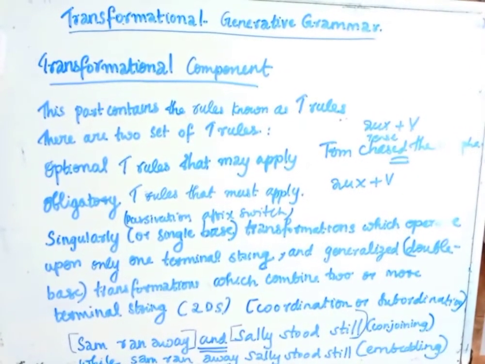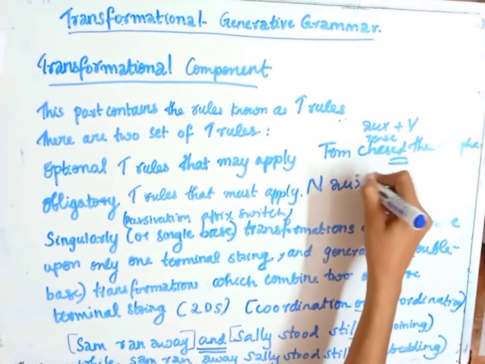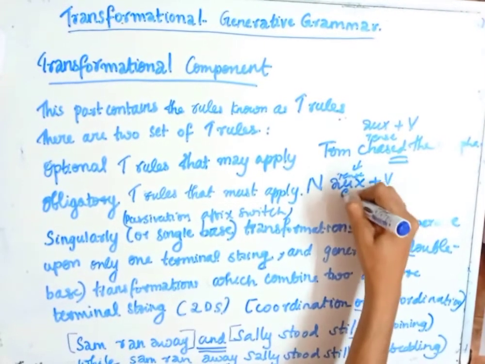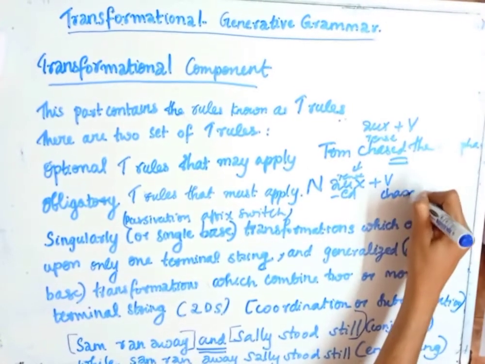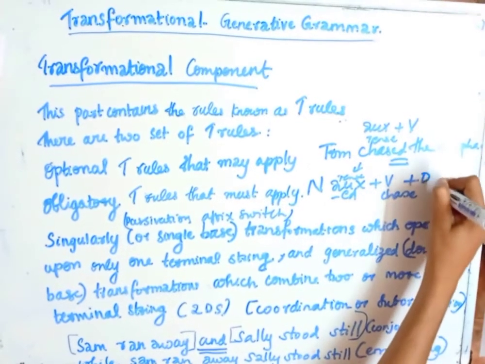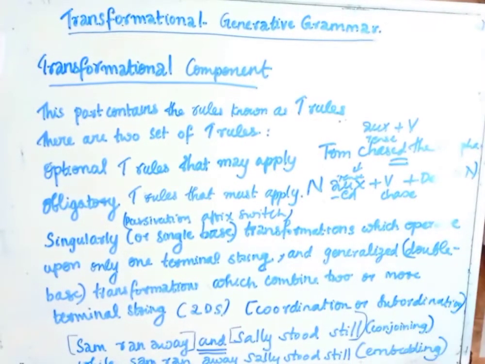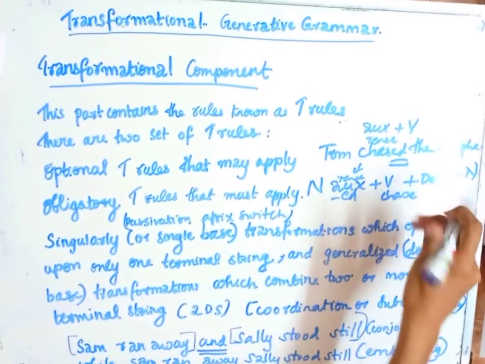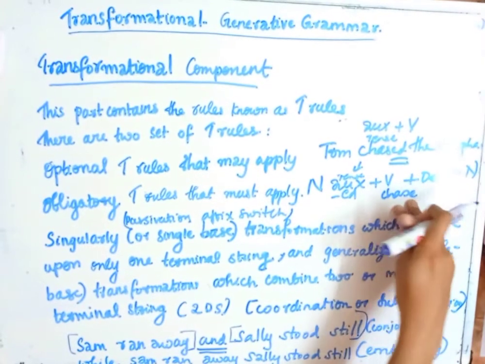When you write its terminal string, it is noun Tom, then you have the auxiliary tense, ed is written here, then you have chase, and then you have determiner plus noun, the elephant, right? This is how it is written. But in the case of affix switch, you change the position of the affix, because the affix here comes as a suffix, right?